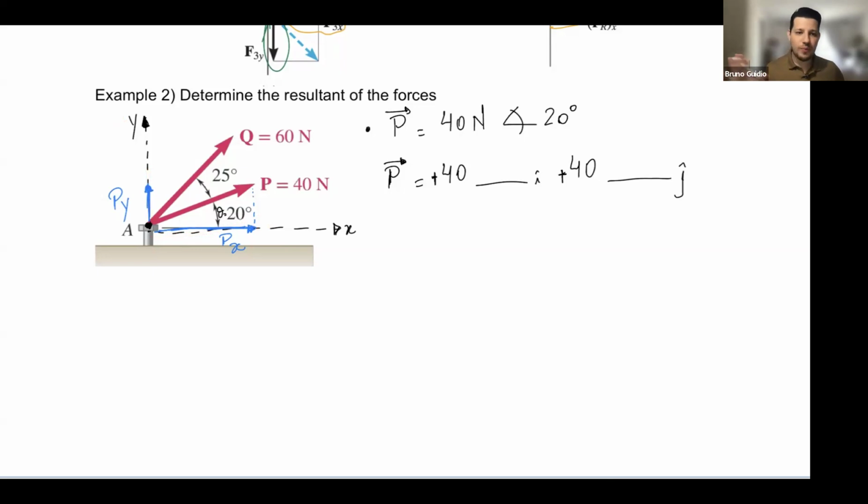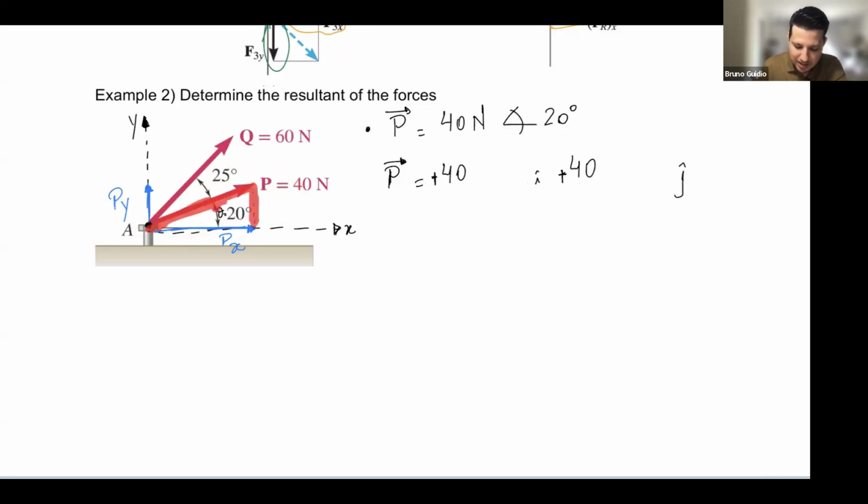Okay, good. One thing is settled. Now, which one is going to be the sine and which one the cosine? Well, this is pretty much the example that we worked yesterday, right? The angle is here. What is sine? Sine is opposite over hypotenuse.